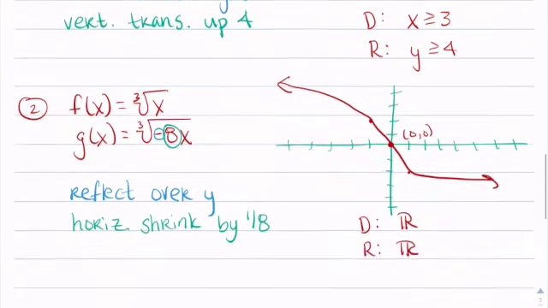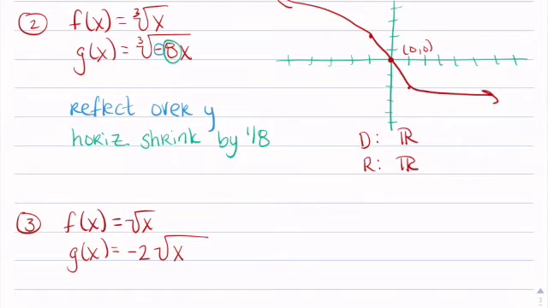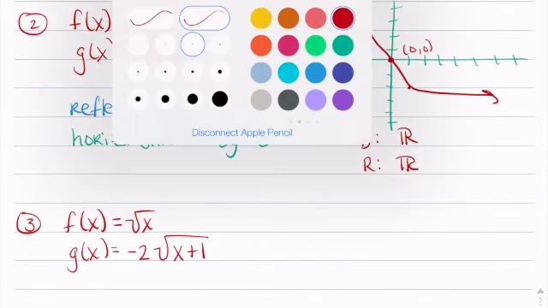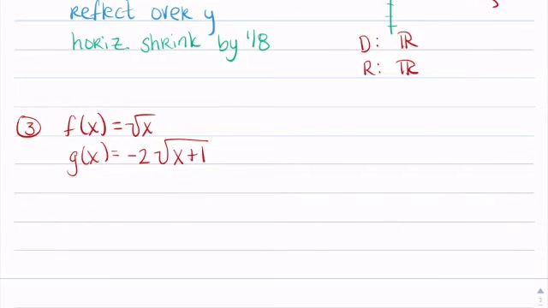All right, let's look at another one. This time we're going to go back to looking at a square root function. So f of x is square root of x, our basic parent function, and g of x is now equal to -2 times the square root of x plus 1. So let's break down our transformations. All right, so we have a negative here, which is on the outside. It's outside, not inside the radical with x. So that's going to reflect over the x-axis.